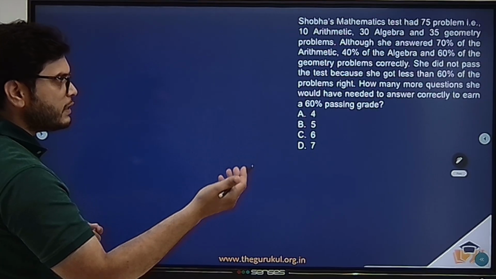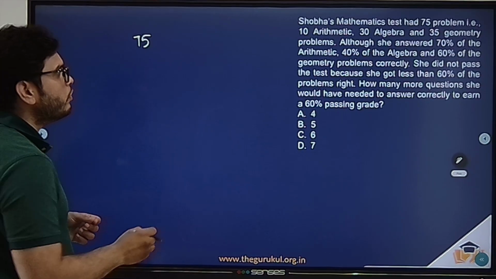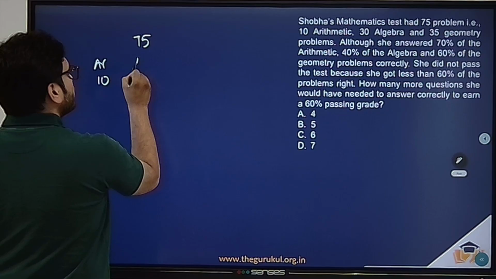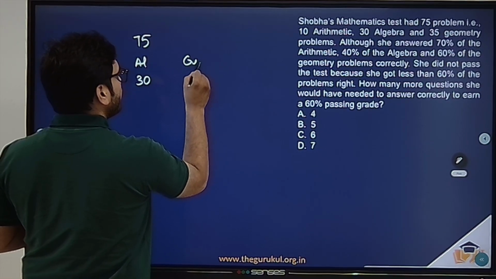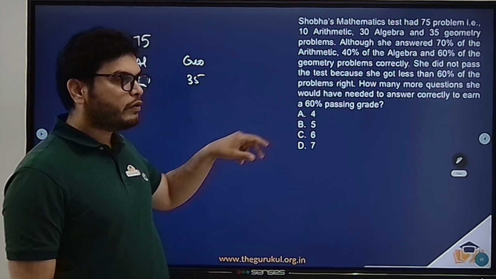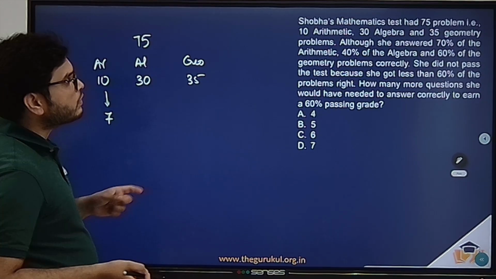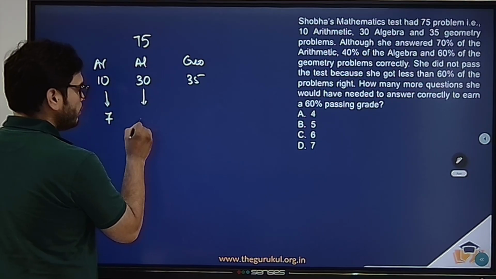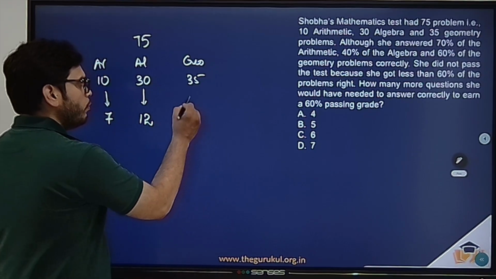Shobha's mathematics test had a total of 75 problems, out of which 10 are from Arithmetic, 30 from algebra, and 35 from geometry. Although she answered 70% of arithmetic, so 70% of 10, 7 questions correct, 40% of algebra, 40% of 30, 12, and 60% of geometry problems.